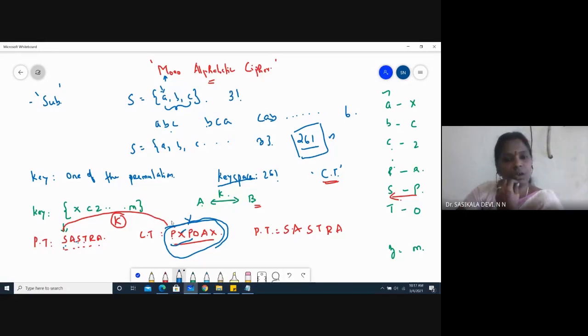So that is the property required for a substitution cipher with resistance to the basic frequency analysis attack. Clear? Can you understand my point?